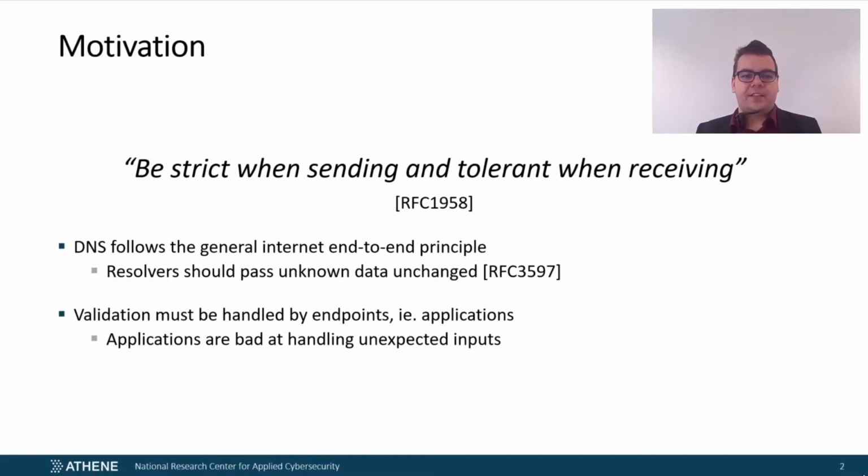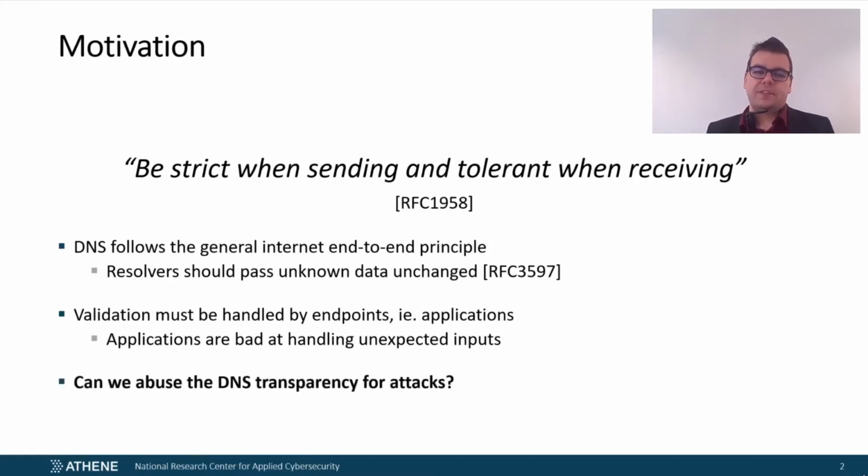However, we know that applications are generally bad at handling unexpected inputs, especially if the developer doesn't actually know that an input can be present. So the question is, can we abuse the DNS transparency principle for attacks to tunnel malicious payloads into applications?